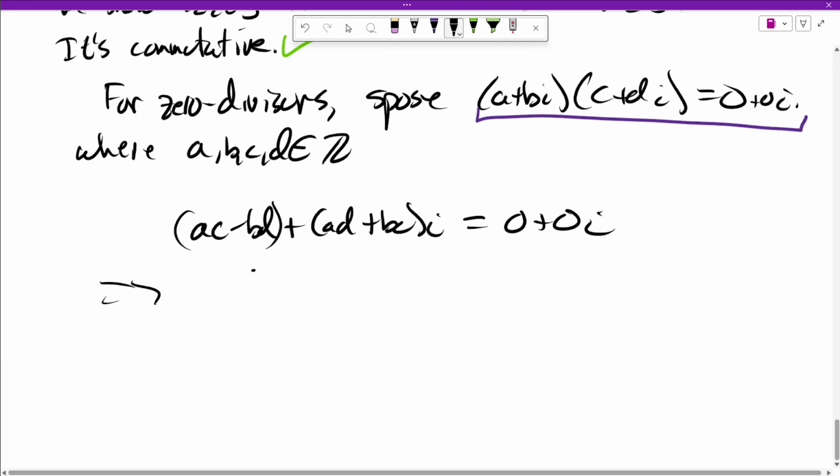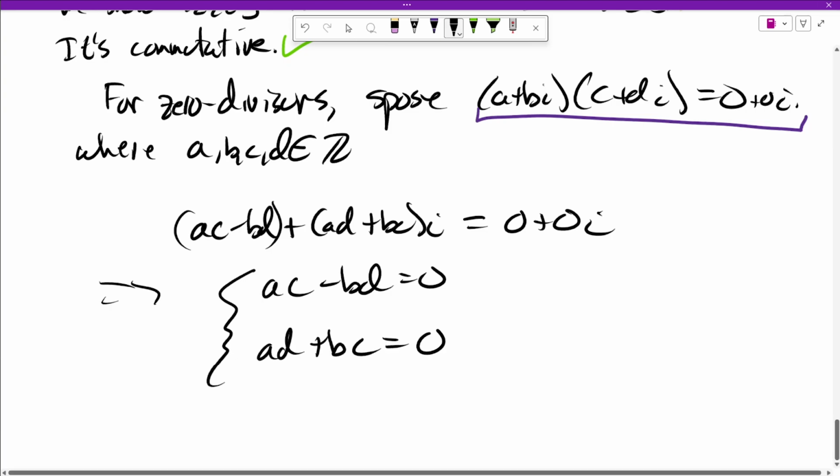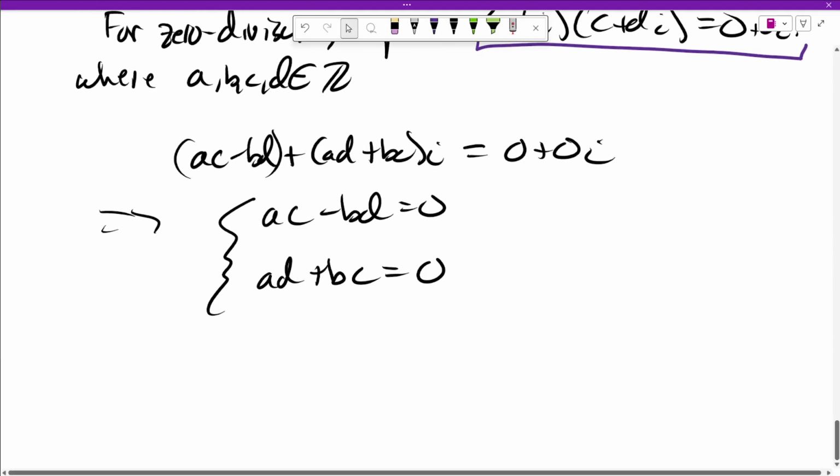So that tells us two things. It tells us that ac minus bd is 0, and it tells us that ad plus bc is 0. Because for two Gaussian integers, or in general complex numbers, to be equal, the real and imaginary parts have to be equal. And let me just observe something here.